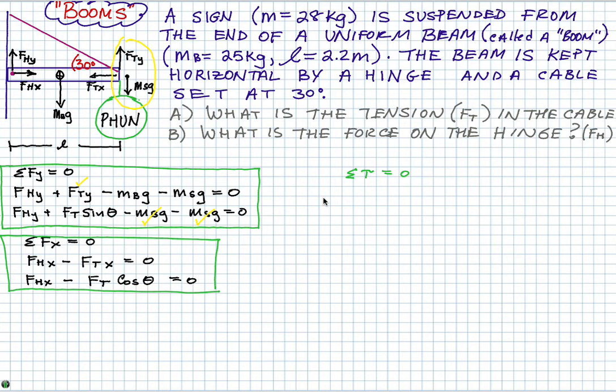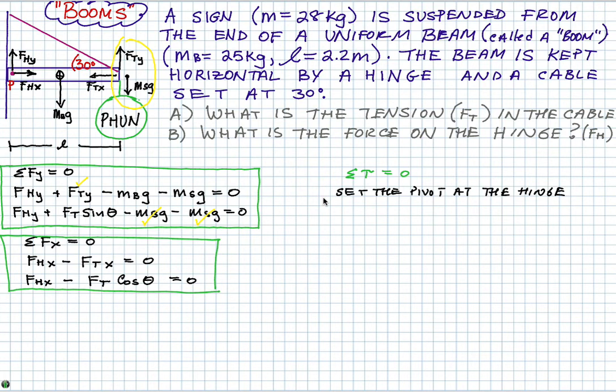So I'm going to set the pivot at the hinge. I don't know anything about the hinge. So we have a pivot point right there, P, and let's start doing some of the torques.